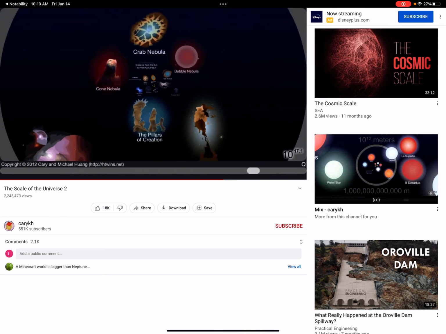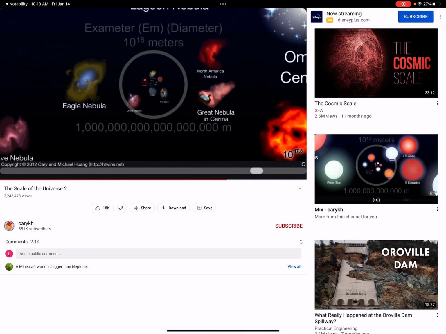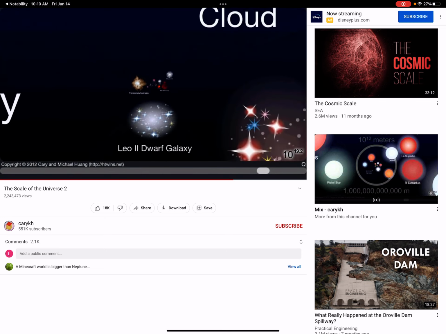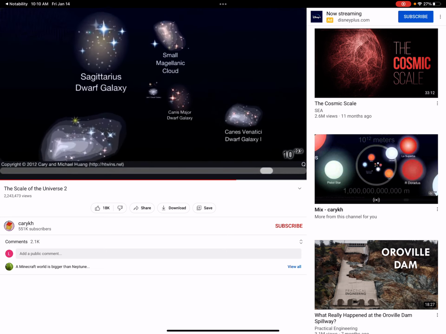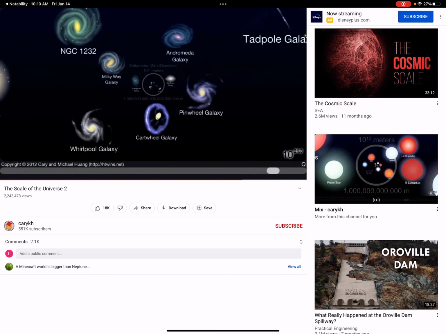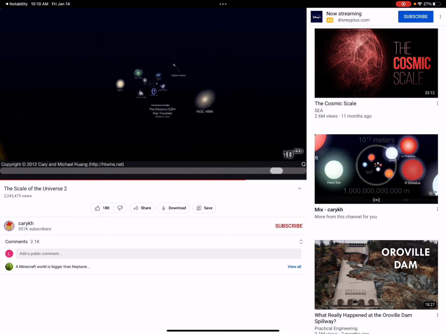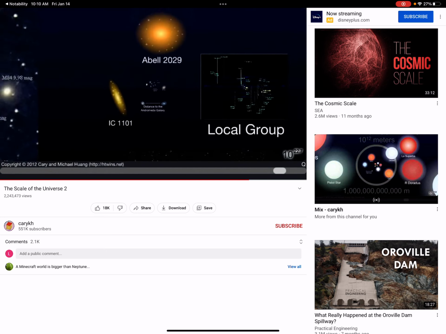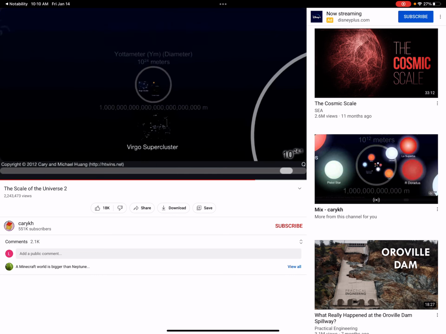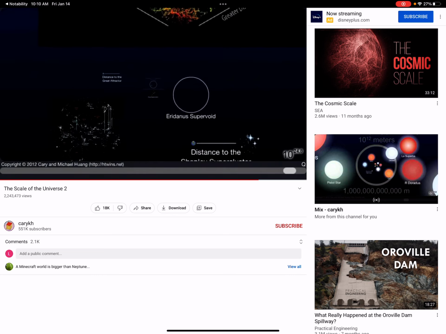And we're talking about 10 to the 17 now, we're at the galaxy level. So you see how it would be really hard to express this number unless we're using these powers, 10 to the 20, 10 to the 21. So the universe is huge compared to our reality. And we're still at 10 to the 23 and we can go further.